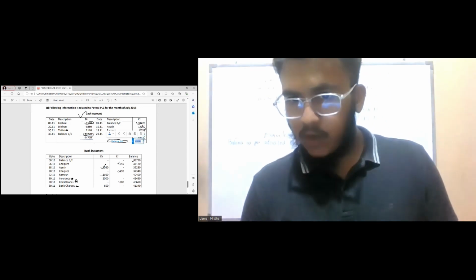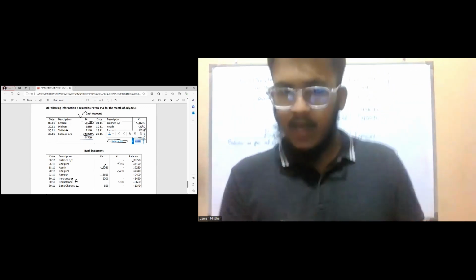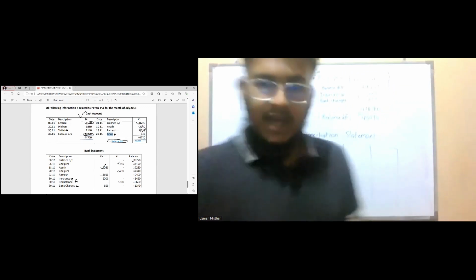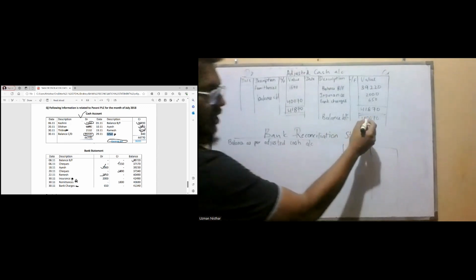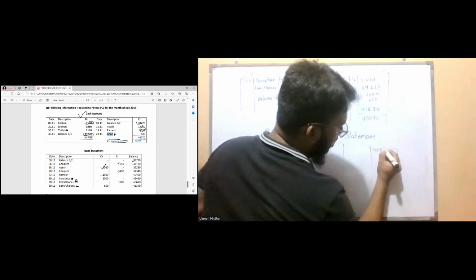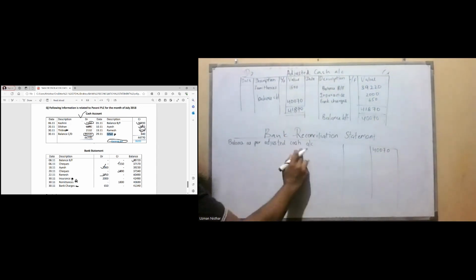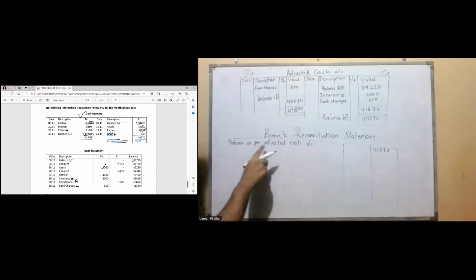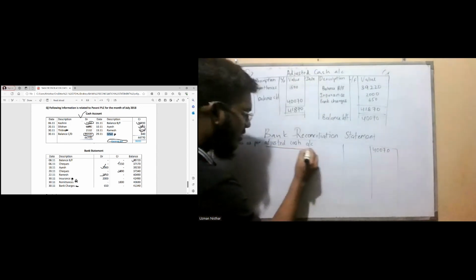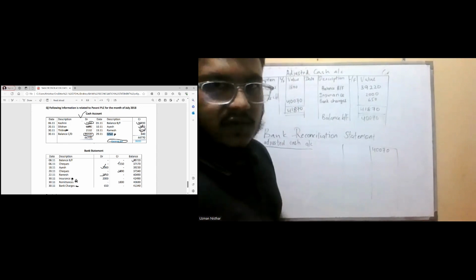Okay, 39,920 is the balance before adjusting the cash account. The balance which we take is this balance, 40,070, as the adjusted cash account balance. Understand? Balance as per the adjusted cash account.